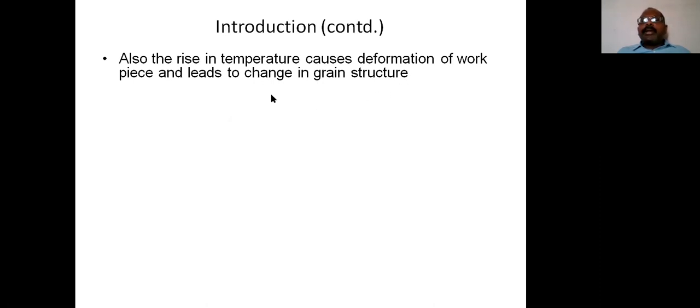Observe carefully, the change in the grain structure leads to a change in the properties of that metal, which is an unwanted phenomenon. Suppose the material requires some hardness; because of this, the hardness increases to a greater extent. Understand or not? Hardness is required up to a particular level only.